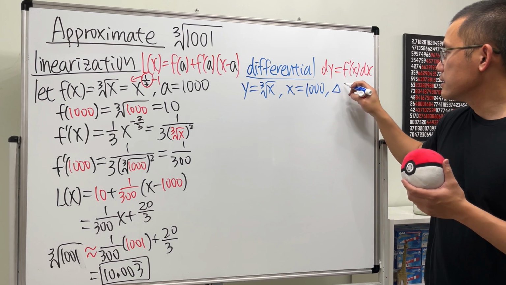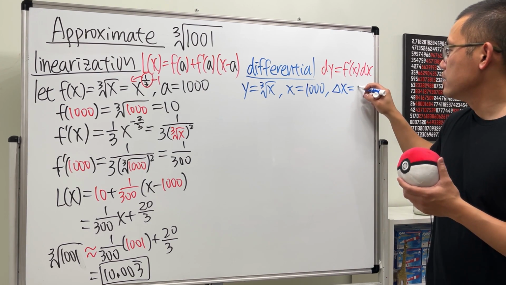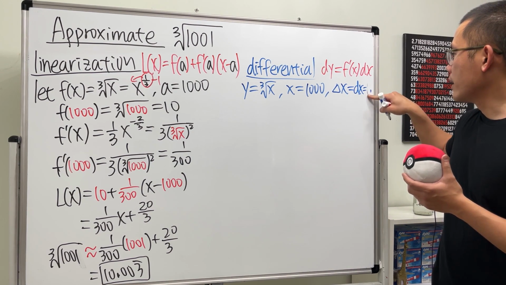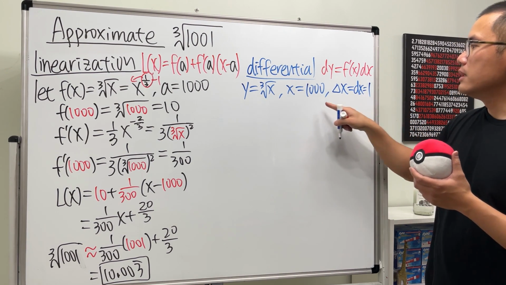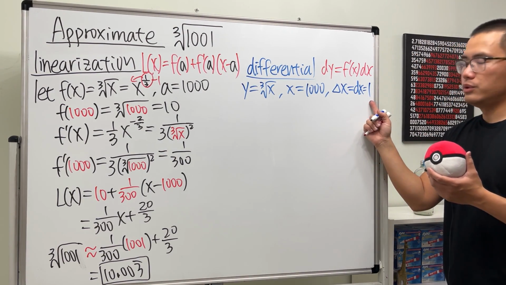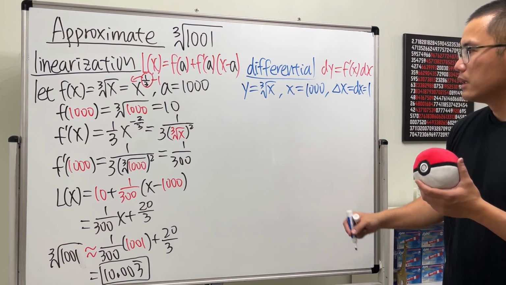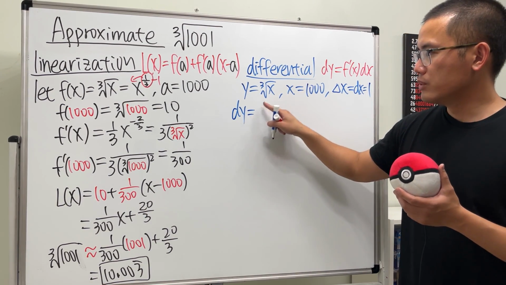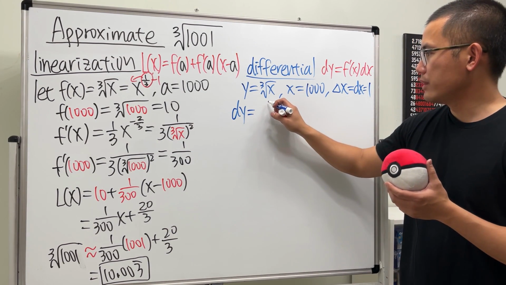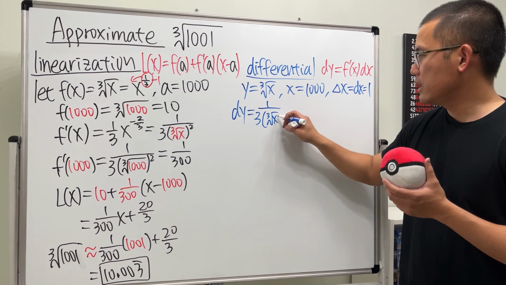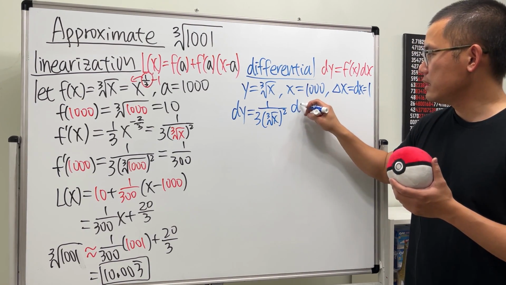So delta x, the difference, is just equal to 1, because we're trying to go from 1000 to 1001. So delta x, which is the same as dx, is just 1. All right, let's do that. dy equals the derivative, so write down 1 over 3 times the cube root of x, and then we square, and we multiply by dx.